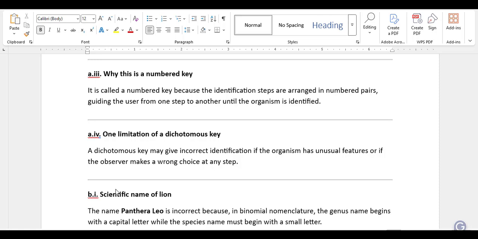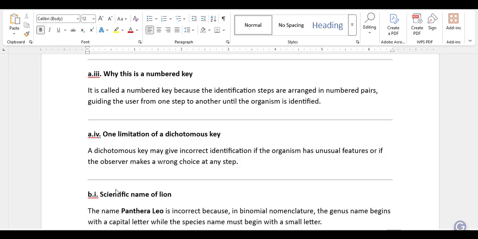A dichotomous key may give incorrect identification if the organism has unusual features, not so common, or if the observer makes a wrong choice at any step.